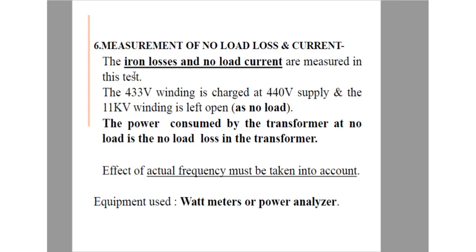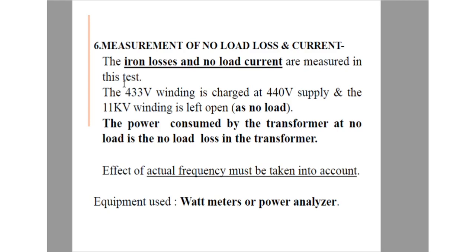The sixth routine test is measurement of no load loss and current. What is the purpose of this test? We know that the iron losses and no load current are to be measured periodically. The 433 volt winding is charged at 440 volt supply, and the 11 kilovolt winding is left open as the no load.